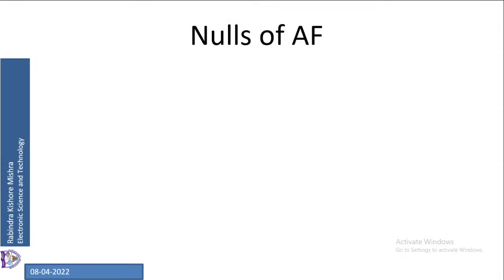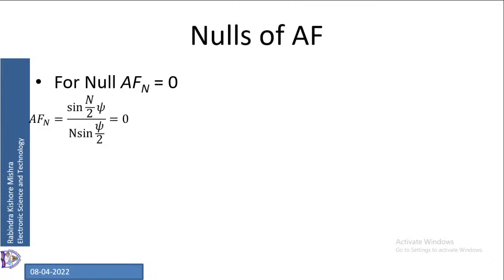This neglects the phase factor. Now let us find out the nulls of this array factor. For null, the array factor must vanish. So the normalized array factor is equal to 0 for nulls. Now the normalized array factor is sin(n psi by 2) divided by n sin(psi by 2), so that will be equal to 0.